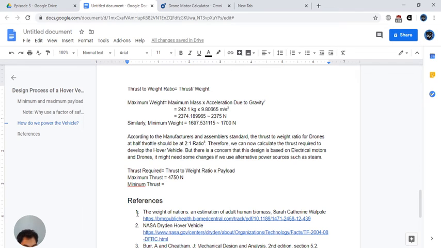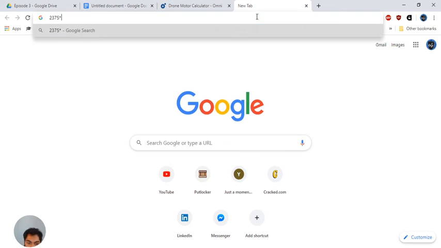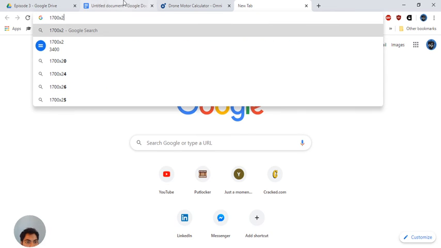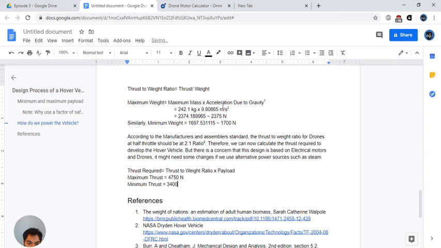Minimum thrust is Newton. I'm just gonna explain this: 2 multiplied by payload. Okay, makes sense. We have the two parameters.